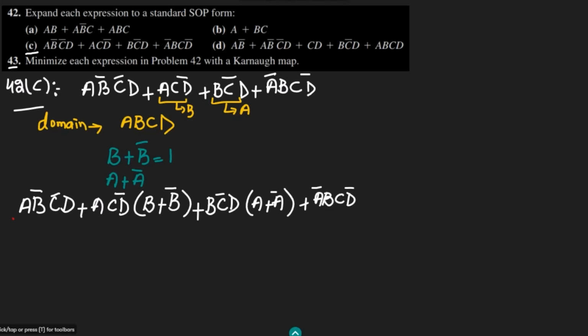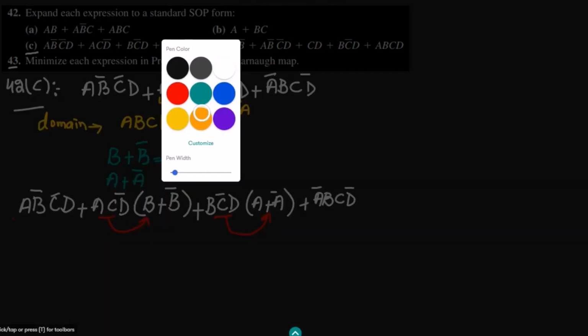Okay, so what are the steps here? I have to multiply this term with all the terms here and this with all the terms here and simplify them.